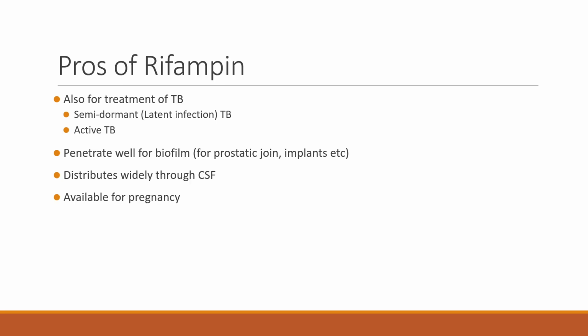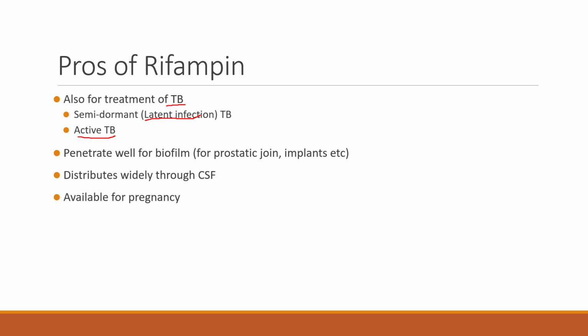The advantage of Rifampin, as I mentioned before, is that it is also for the treatment of TB, but it's not like a very special drug, because other drugs like isoniazid can treat active TB. Rifampin can also treat semi-dormant TB, which is latent infection.